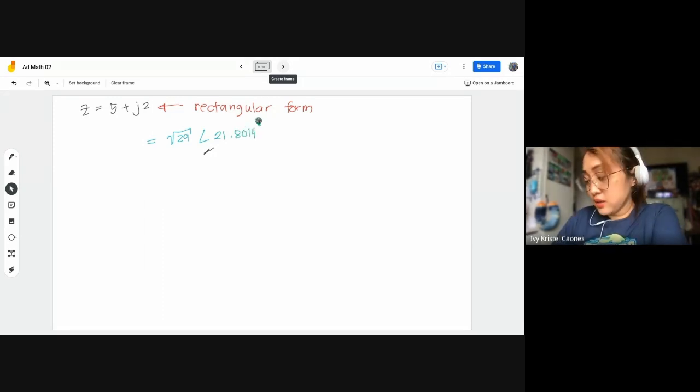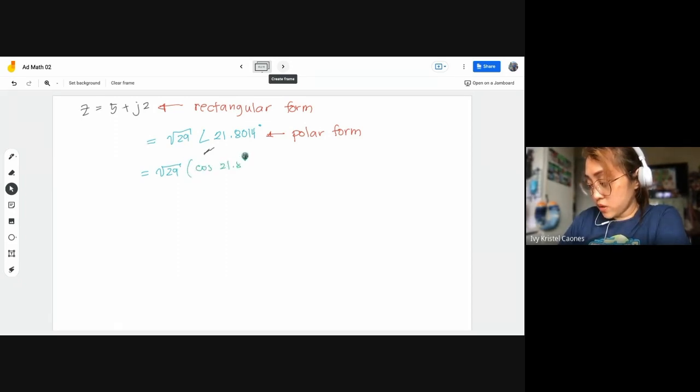Don't forget, that is our polar form. That can also be equal to square root of 29 cosine 21.8014 plus j sine 21.8014. That is our trigonometric form.